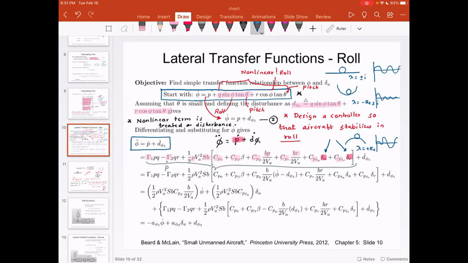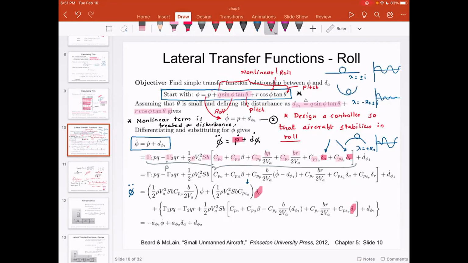What it means is, when I carry out this simplification, I want you to notice this entire equation is now expressed in terms of the aileron control surface and the rudder control surface, and I have these small terms that comprise the derivatives of the nonlinearity.